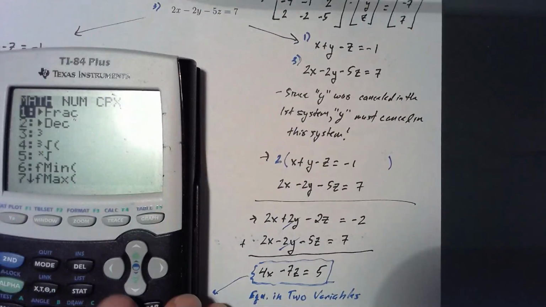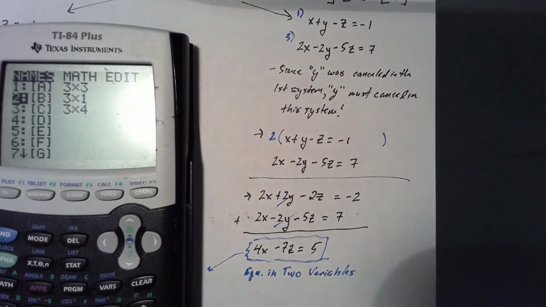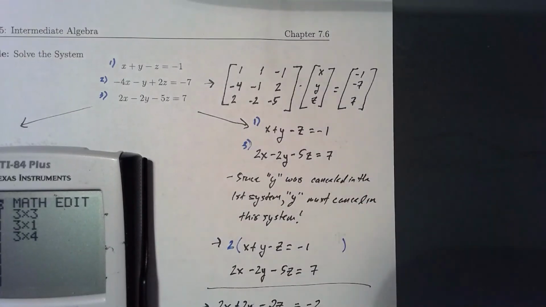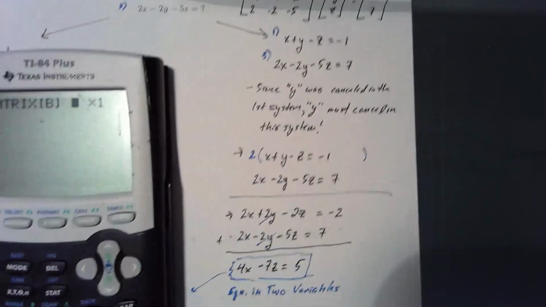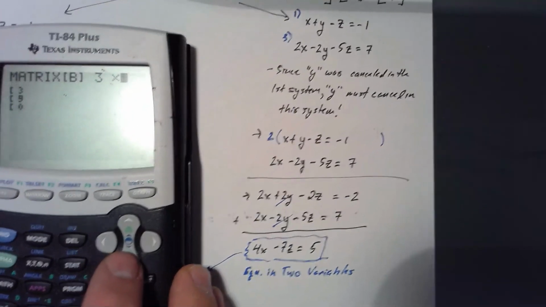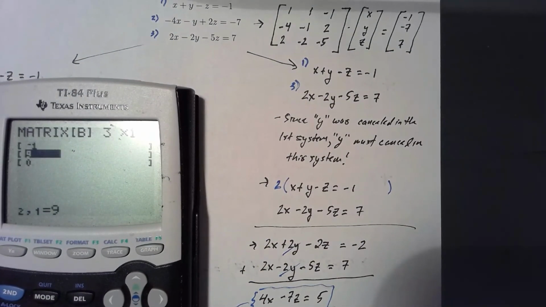So if I go back to that, hey, I have that right there already. A 3x1 because I have 3 rows and 1 column. So if I edit that matrix, matrix B, I could go down there and edit those values. I can make that into negative 1, negative 7, and 7.